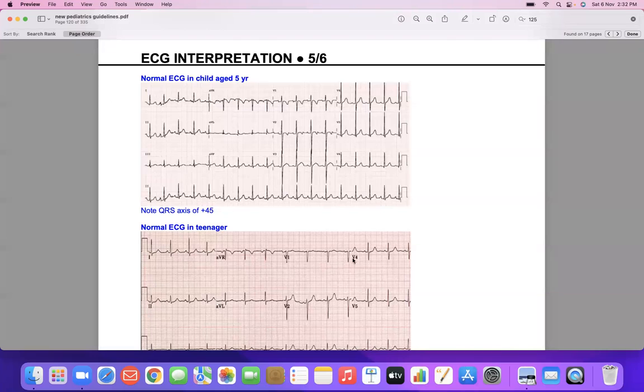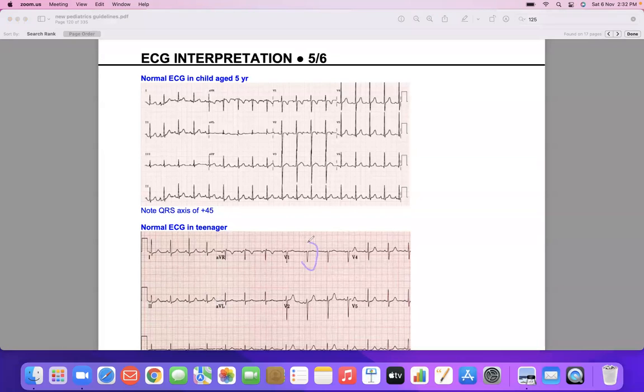Okay, Dr. Sana, this is what you were telling. If you see here in V1, we don't see any R wave. Most of it is S wave. If there is right ventricular hypertrophy, we see a tall R wave with an upright T wave. No, I was telling you that in right ventricular hypertrophy, you will find the R wave in V1. Now only S waves are there.